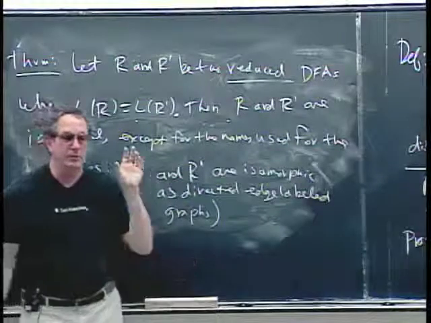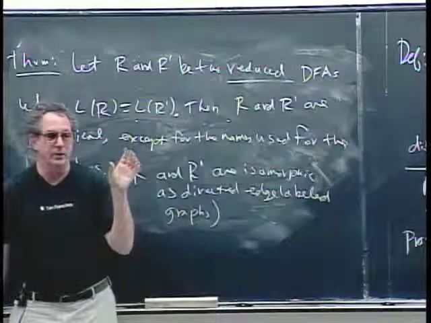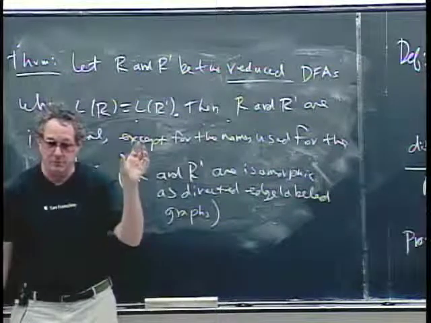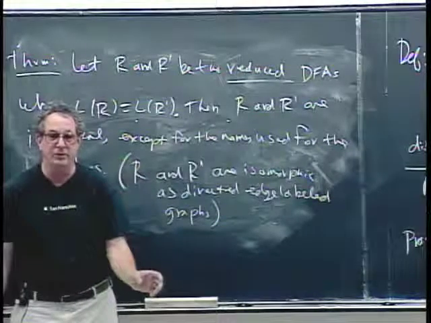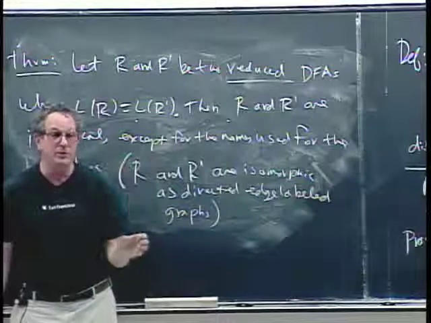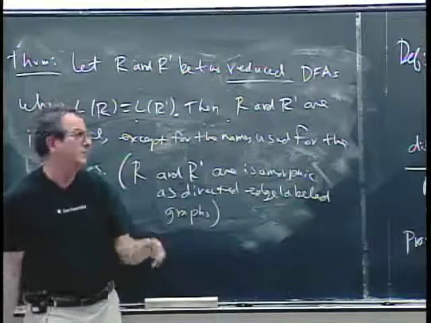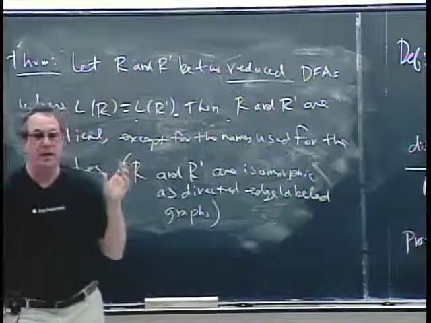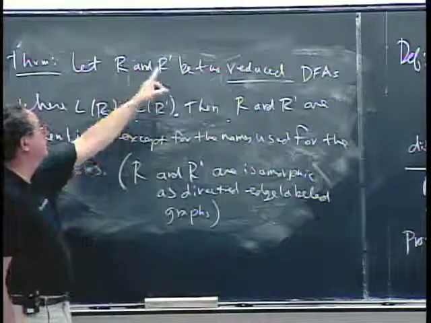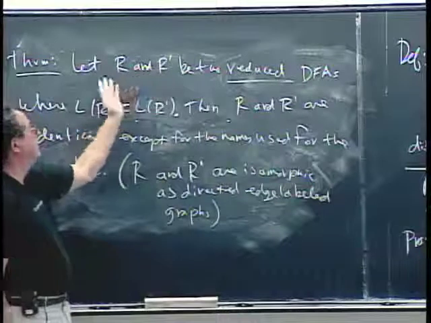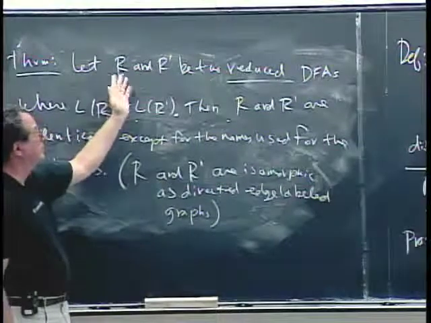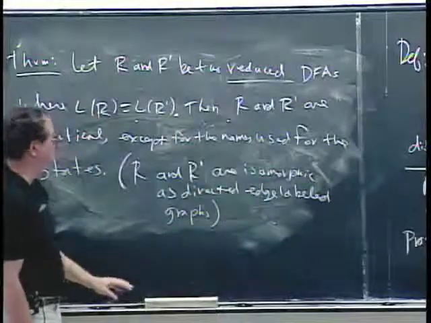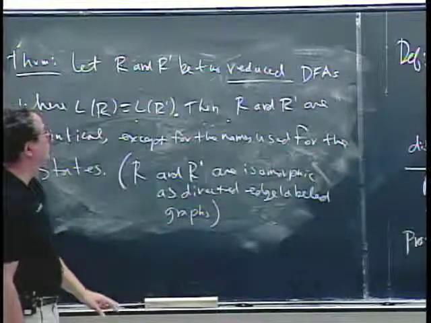Okay, so when you start with a DFA that's not reduced and you run the reduction procedure, you end up with a reduced DFA. So you would end up, well, let's say with R or R prime. And this is saying that whatever DFA you end up with, if it's reduced, which is in fact what happens at the end of a reduction procedure, you end up with a reduced DFA.